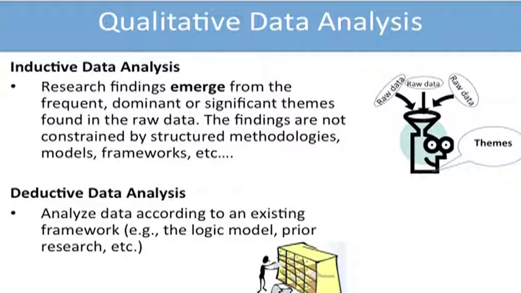So let's say you've done several surveys and you've had open response items, and you have probably a couple hundred responses to those items. So you have 30 or 40 pages of data that is qualitative in nature. How are you going to analyze that data?